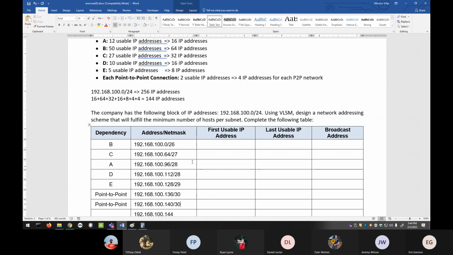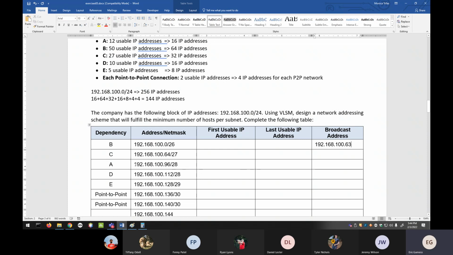So let's put the broadcast address. If network C starts in 64, network B ends where? In 63, correct.